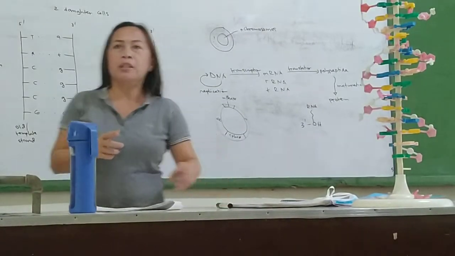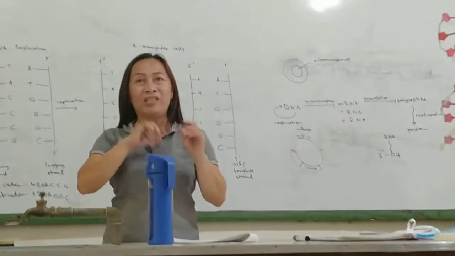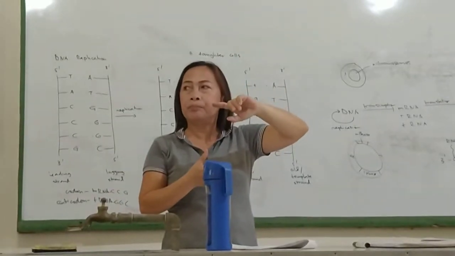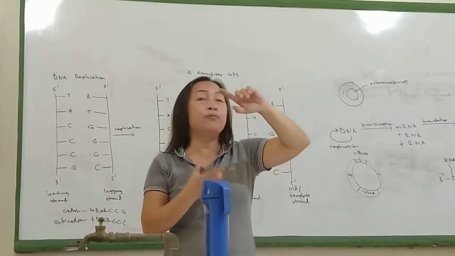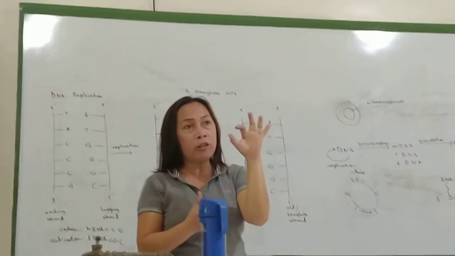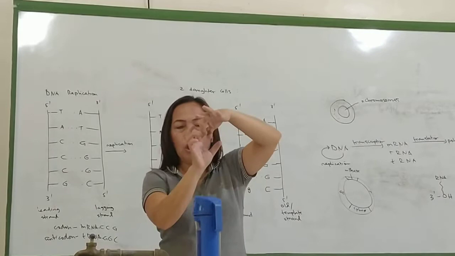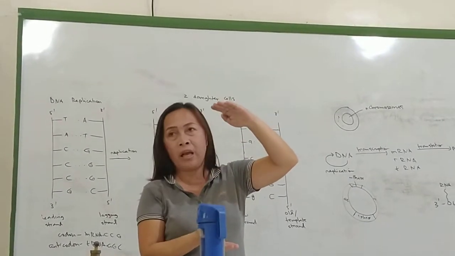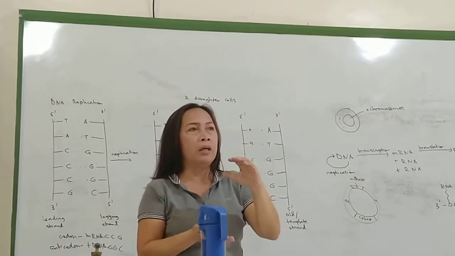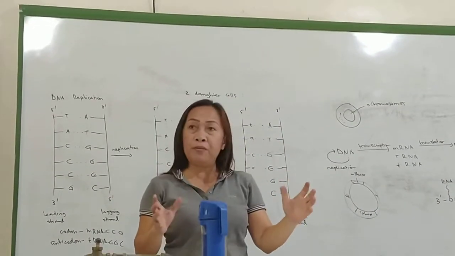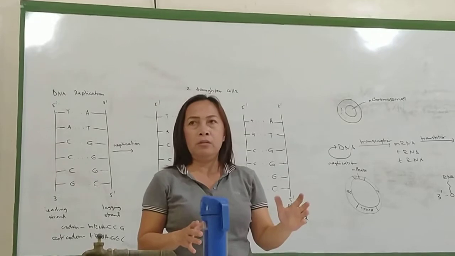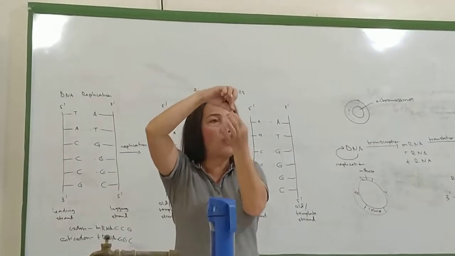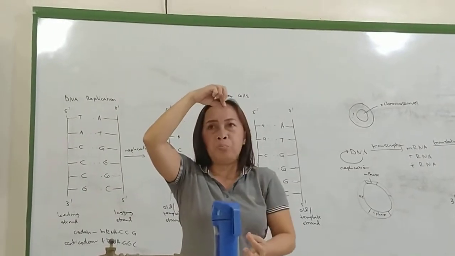The duty of this primase is to synthesize a short sequence of around 15 nucleotides. Join in nucleotides for the RNA molecule. Mubo ra na siya. Made up of around a maximum of 15 nucleotides. Okay? That is just to initiate the replication process.